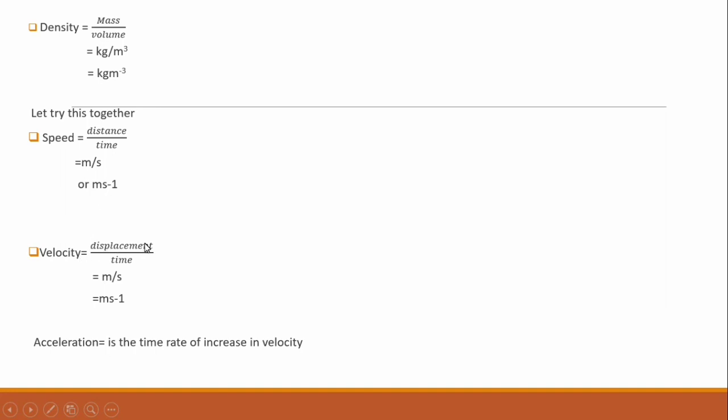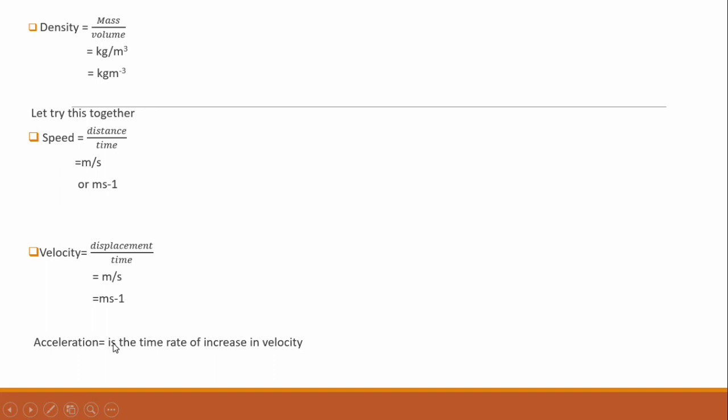Velocity is displacement divided by time. As I said before, length, breadth, height, displacement, they are all in meter. So displacement is in meter, then time is in second, so we have meter per second, or m s raised to power of -1.